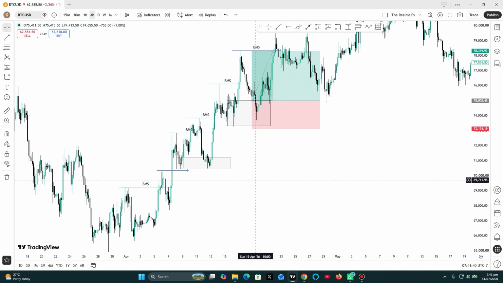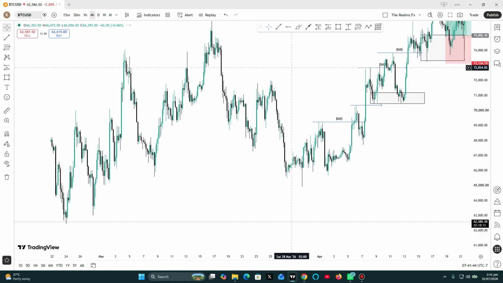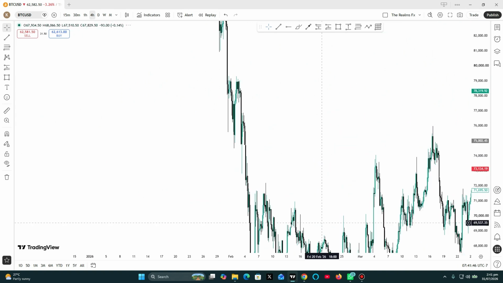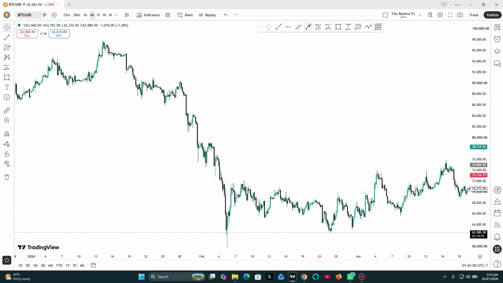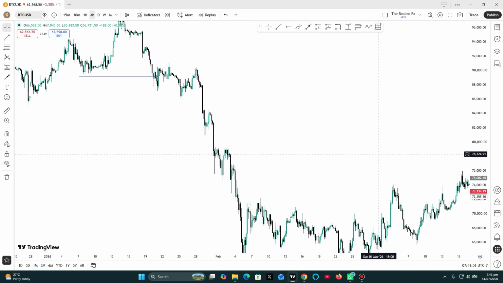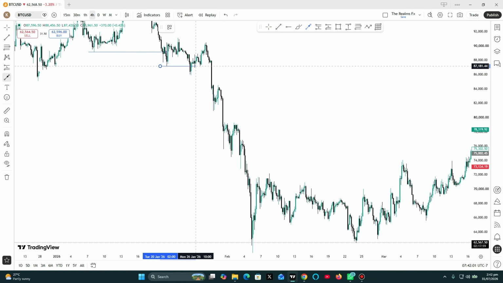So in this instance, this is a break of structure towards the upside in an uptrend. Now, in a downtrend, the same thing happens, just in the opposite direction. You can see we have a higher time frame break of structure here. Then there's a lower low, lower high, then price breaks these points too.